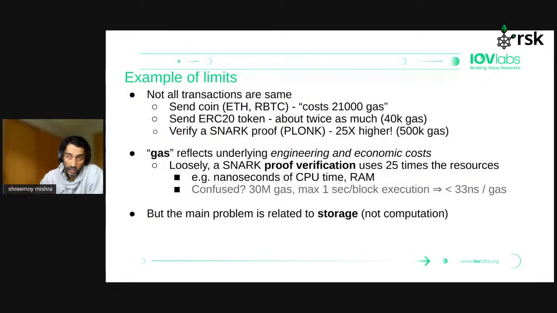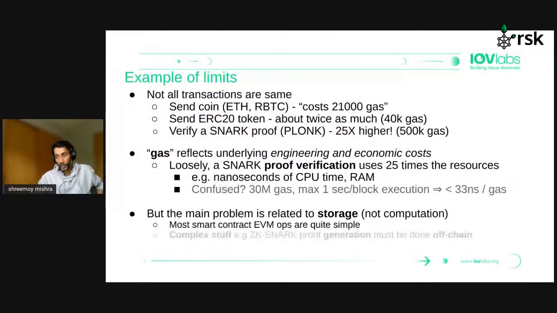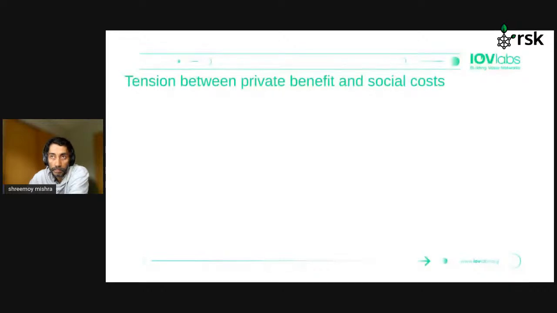We'll see in a bit that the main resource problems in the blockchain space are showing up in storage and not in other arenas. Most smart contracts are actually not that complex to compute. The really complex part of transactions, like generating a SNARK proof, happens off-chain, not on-chain.